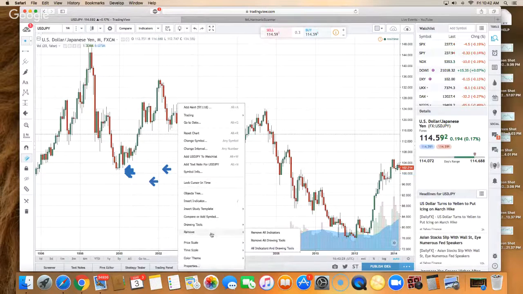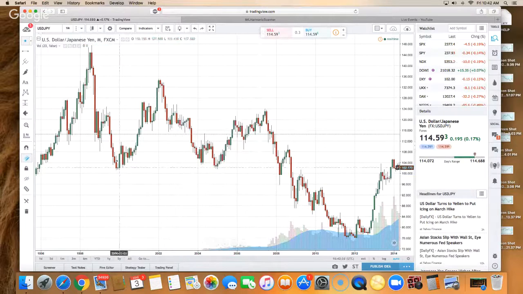I can just use my cursor. All right, so right in here, and then right in this area, and then some in here. These are what's called areas of support.